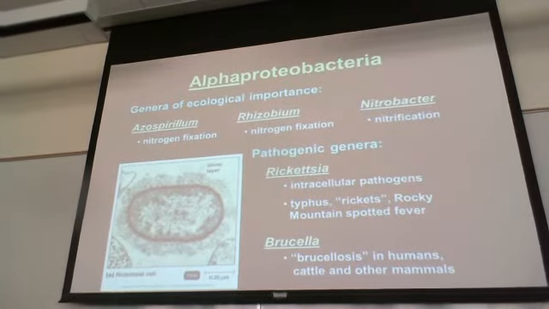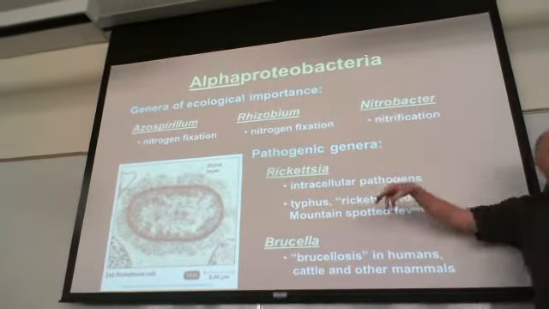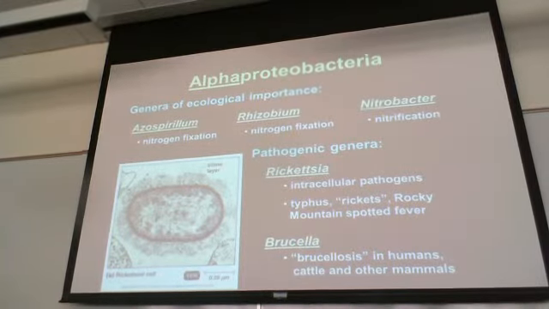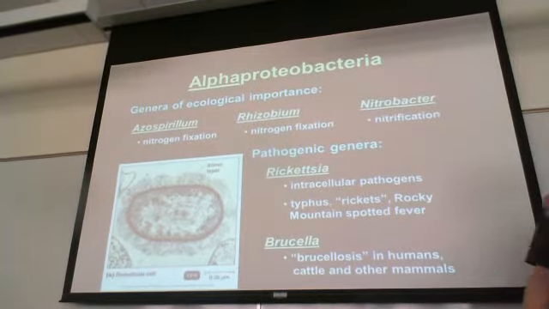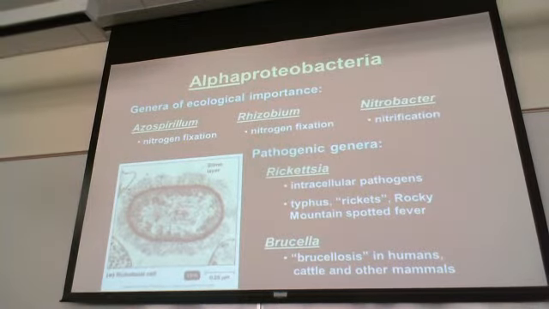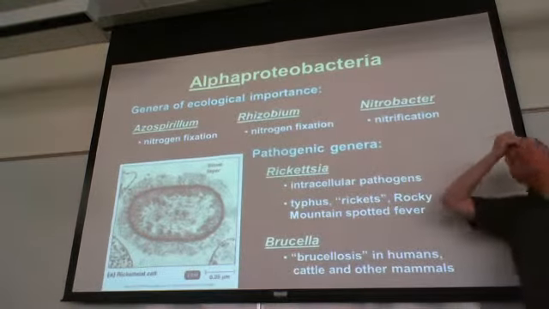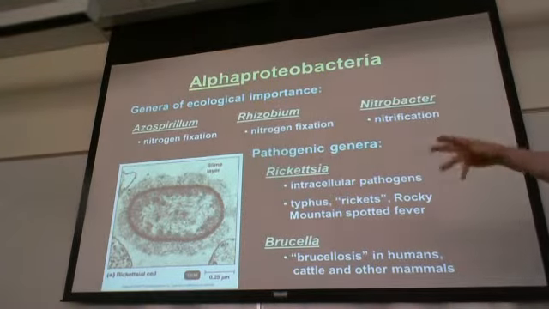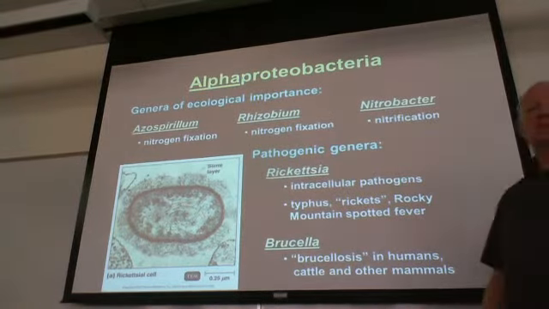Okay, so you can see all 3 of these genera have an important role. They're soil bacteria that have some role in the nitrogen cycle in making nitrogen available for plants and thus allowing it to get into the food chain. So rhizobium is of extra interest because it forms a symbiotic relationship with certain food crop plants.